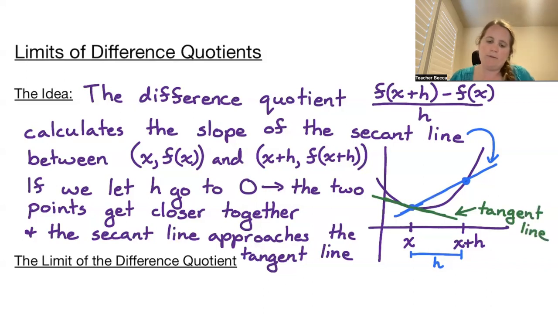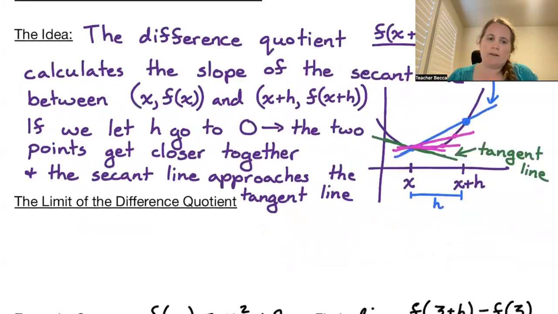You can see as we let points get closer and closer in, our secant lines get closer and closer to the tangent line. So we're calculating the slope of these secant lines as we let h go to 0. It winds up essentially calculating the slope of the tangent line. All right.